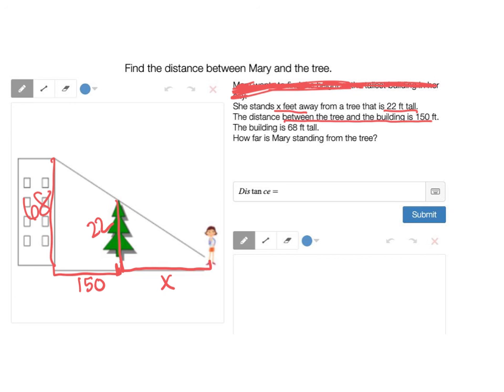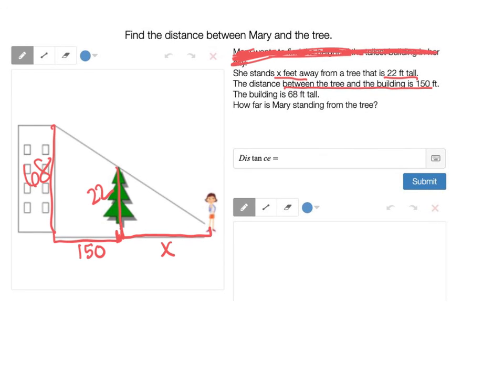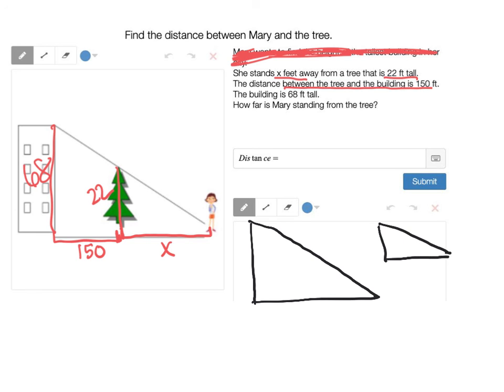If I think about what I said earlier, where I really need to separate these out, I have the building setup going, and then I have that tree setup going.